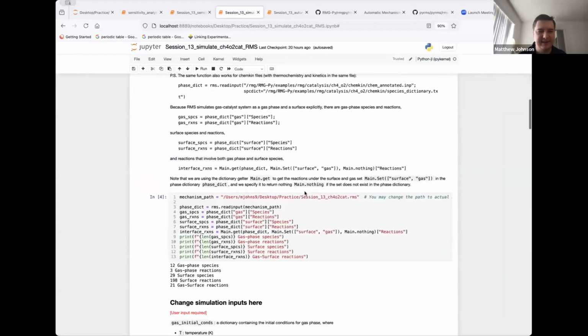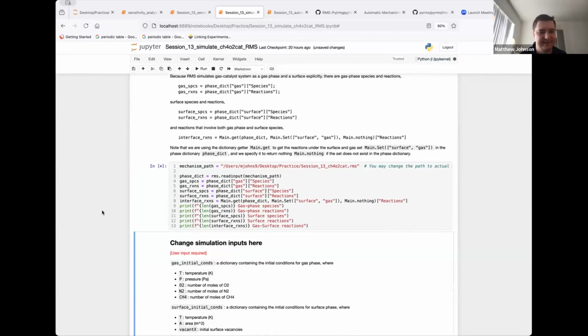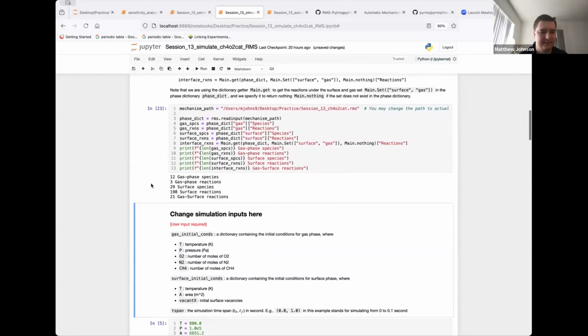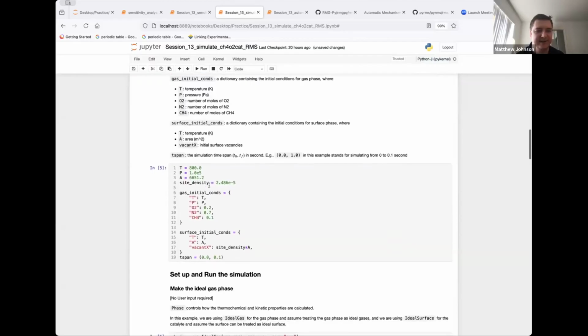So in this case, we load our catalysis mechanism. We've got 12 gas phase species, 3 gas phase reactions, 29 surface species, 198 surface reactions, and 21 gas surface reactions.